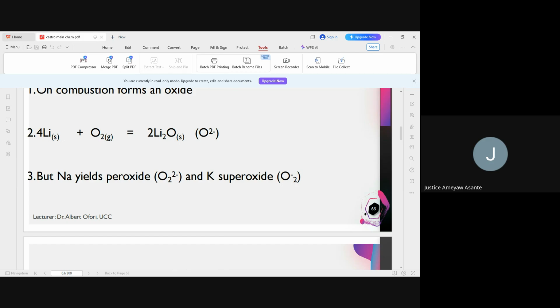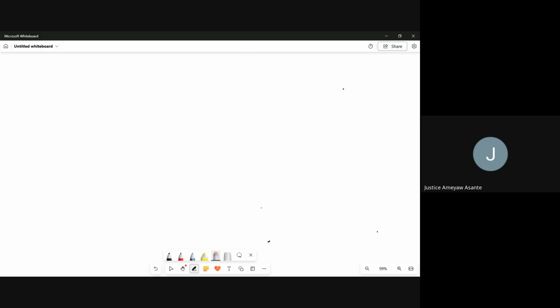So let me illustrate that for you. This is lithium oxide.